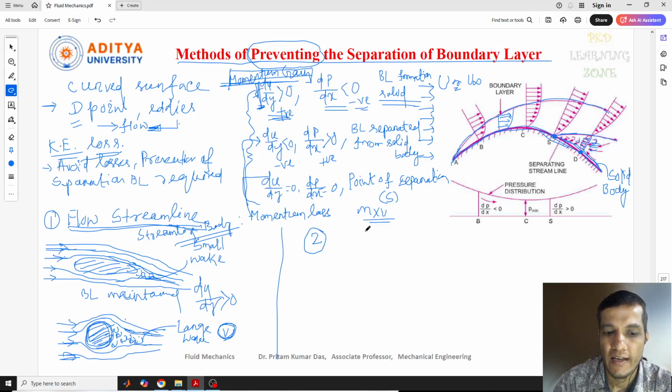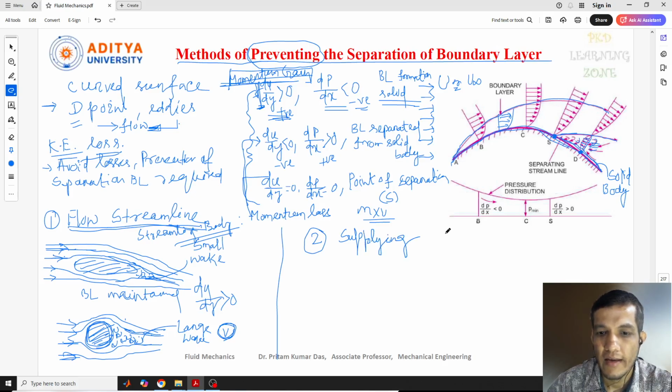Okay, second condition I will show you. If some kind of losses are there in the kinetic energy, we need to boost the kinetic energy. That can be done by supplying additional energy.